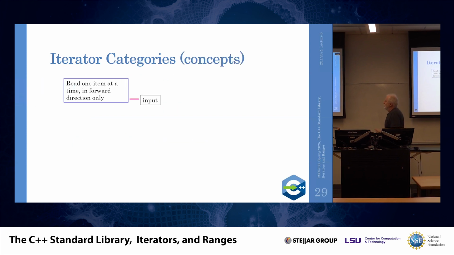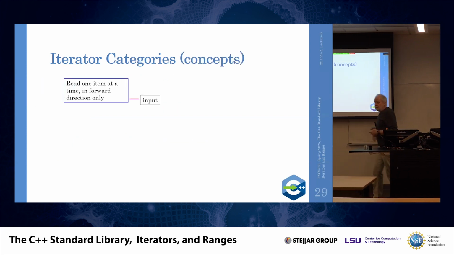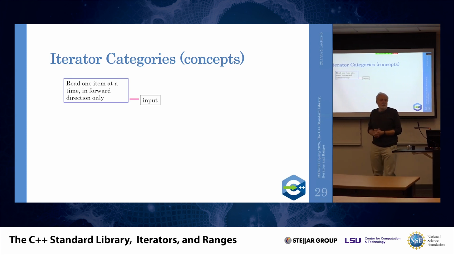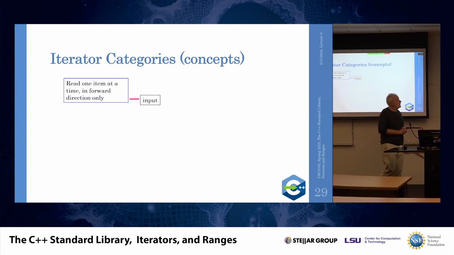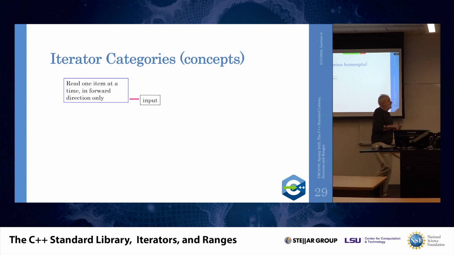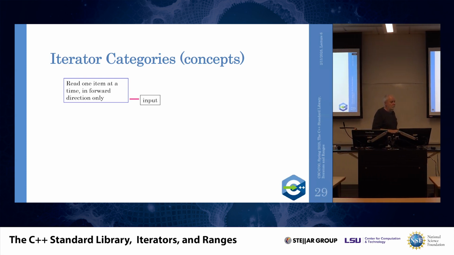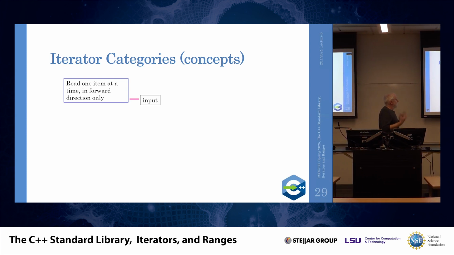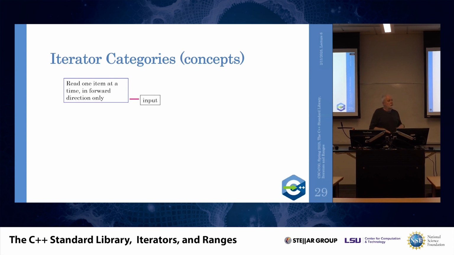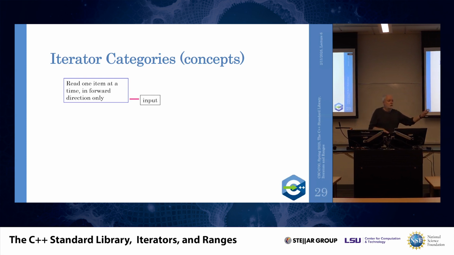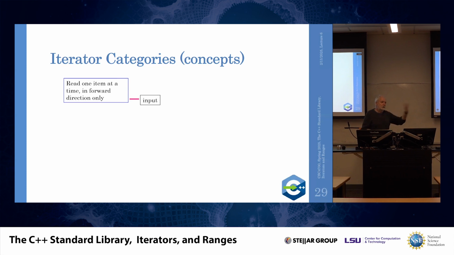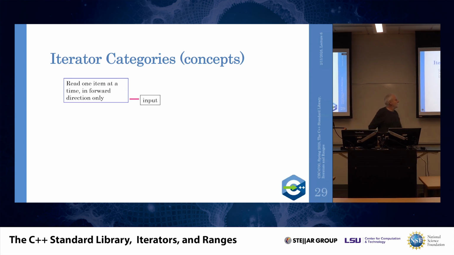Okay, so that tells you that there are many different iterators, and they are combined in concepts. And here are the concepts that iterators represent. In the simplest case, like we've seen in copy, it could be an iterator that reads one item at a time and needs to go forward in one direction only, right? Copy just goes ++ through the sequence.